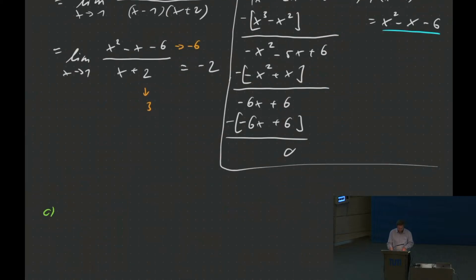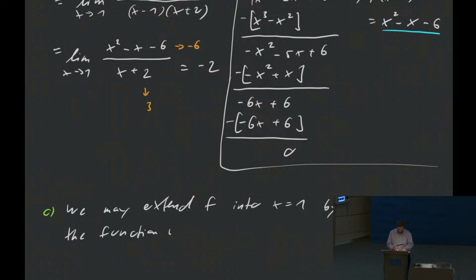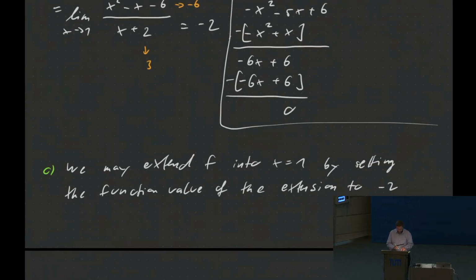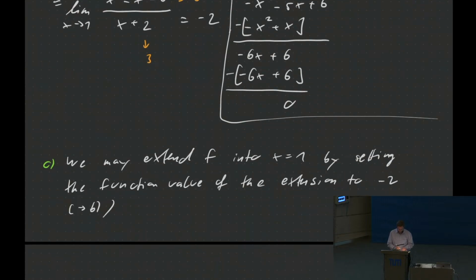So first part of the answer, we may extend f into x equals 1 by setting the function value of the extension to minus 2, which is computed in part B. And the question that remains is, how about x equals minus 2?